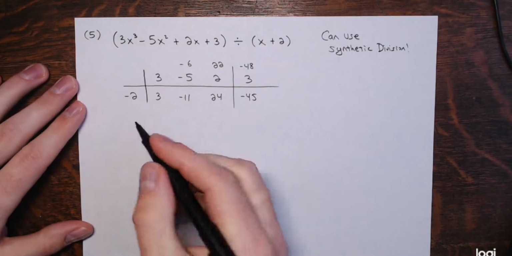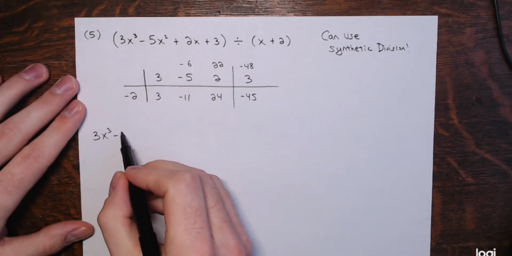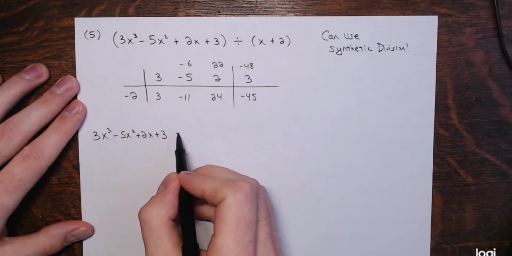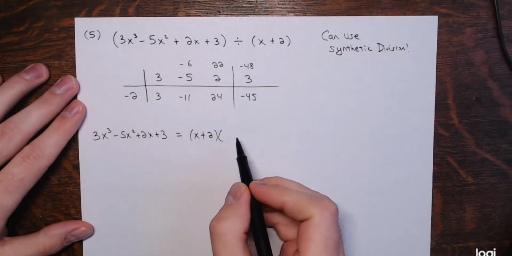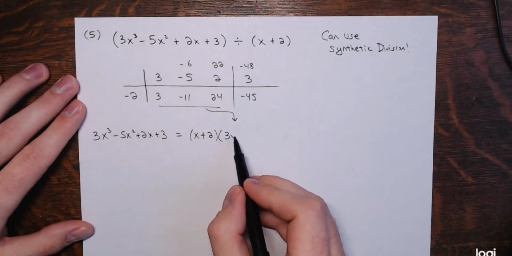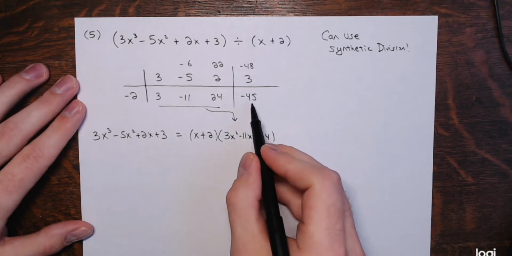So we have here 3x cubed minus 5x squared plus 2x plus 3 should be equal to x plus 2, the divisor, times the quotient, which would be 3x squared minus 11x plus 24, and then plus the remainder, which is minus 45, right?